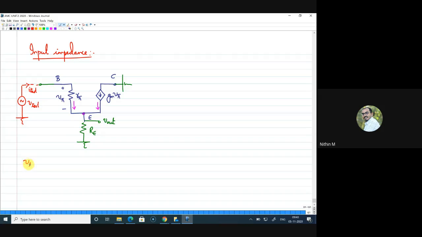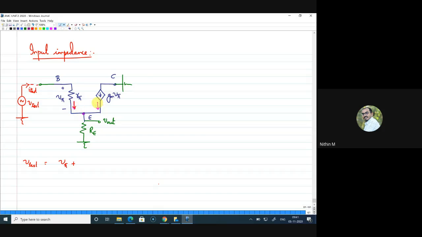All right, Ashwit, I'll do it, watch and make sure that you understand this, right? Yeah. So you can mute, Ashwit. So V test can be written as V pi, which is the voltage drop across R pi, plus the drop across RE. Now, when I write the drop across RE, I know that there are two currents coming.